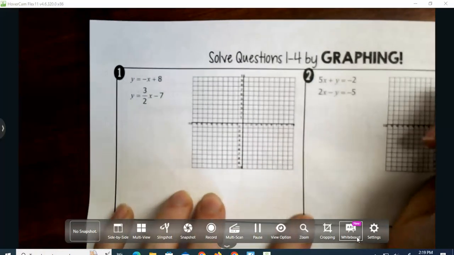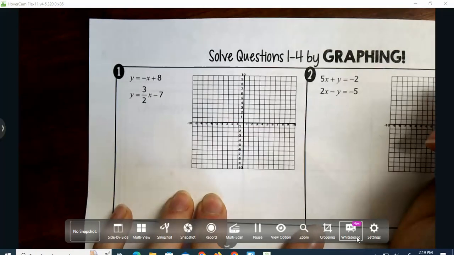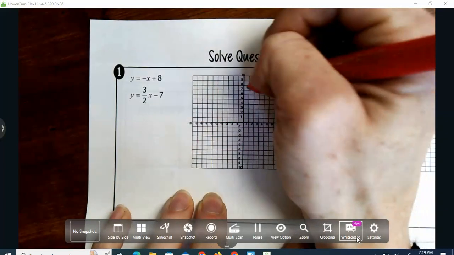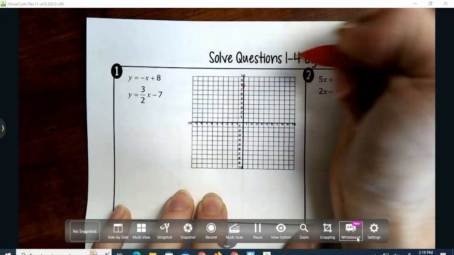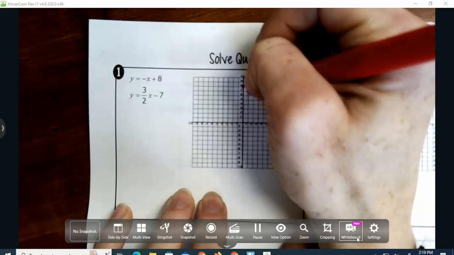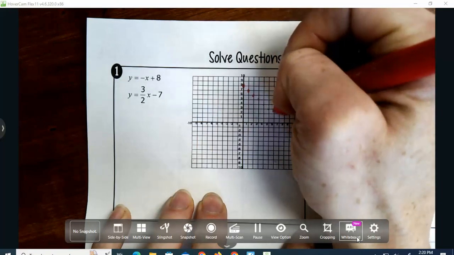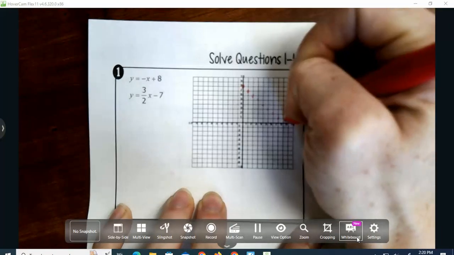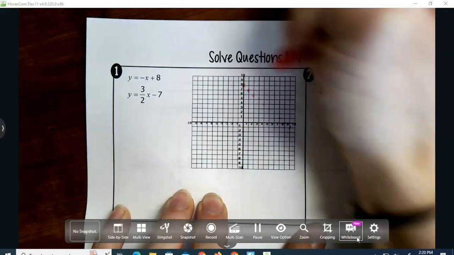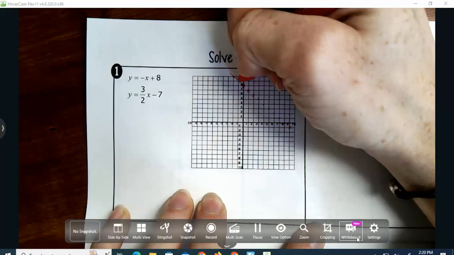So how would I graph that first one? And then my slope is, if you don't have a ruler, you can make a lot of points so you can draw a straight line. Remember, these do need to be pretty accurate for it to work.